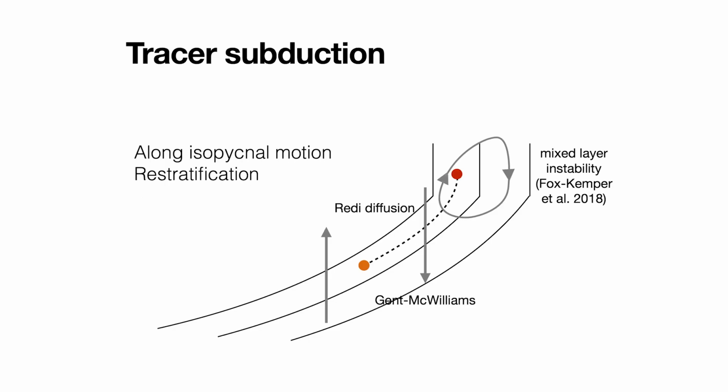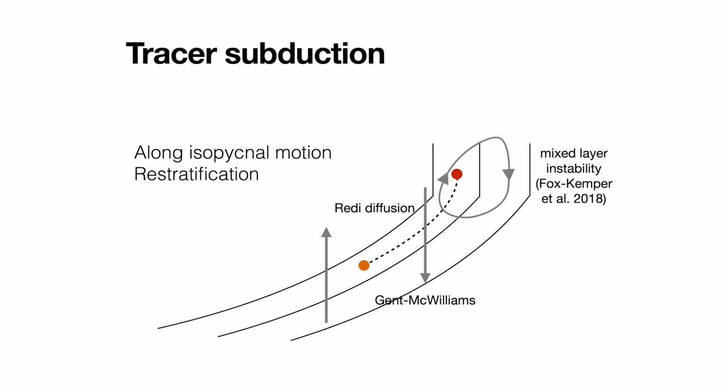And so if we look at this in a little bit more mechanistic framework, we have this idea that we have along isopycnal motion, we have restratification, and the restratification may differ if we're in the surface mixed layer, where density surfaces are vertical, or if we're in the interior, where we're in a more mesoscale regime.